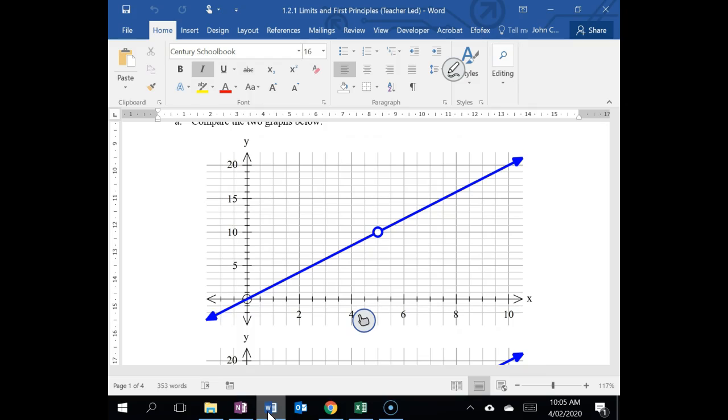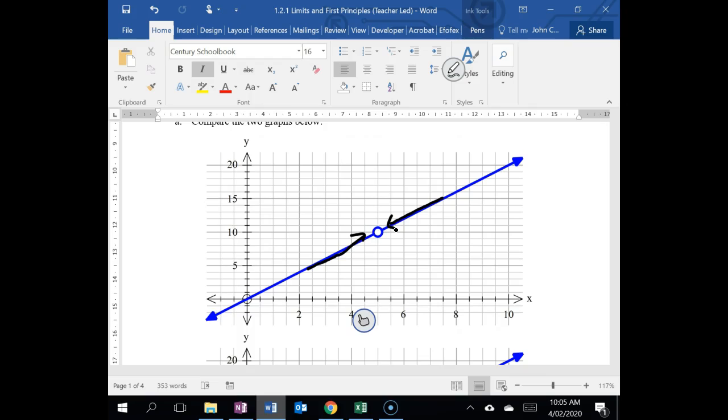But does that matter? Does that mean that we don't have a limit? Well, no, it doesn't, because remember, we only care about what the values on either side are approaching. So if I draw an arrow along my function on both sides, one coming from above down and one going from below up, are they still approaching a real number?